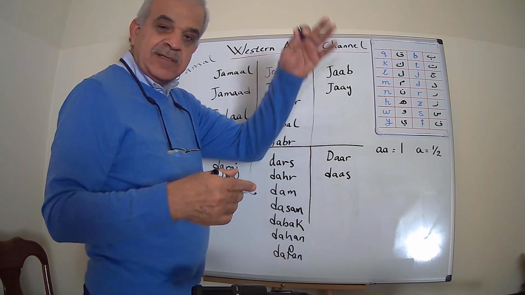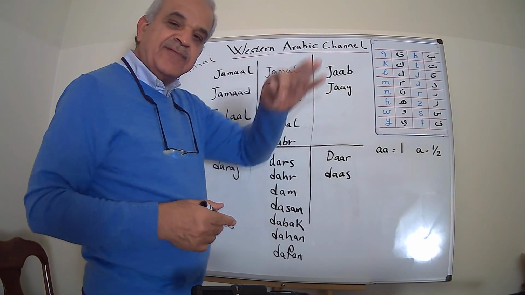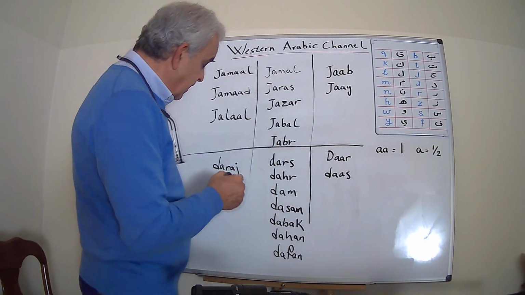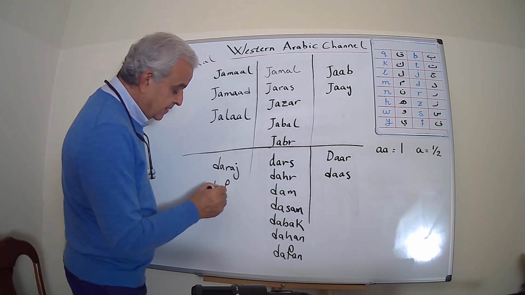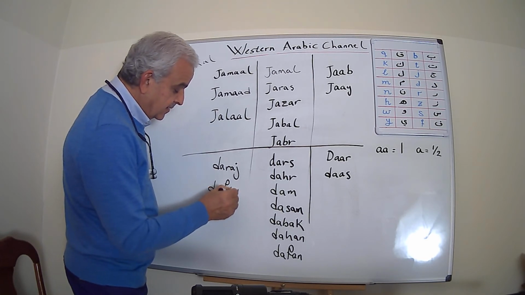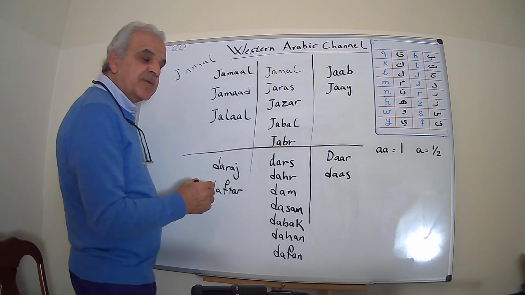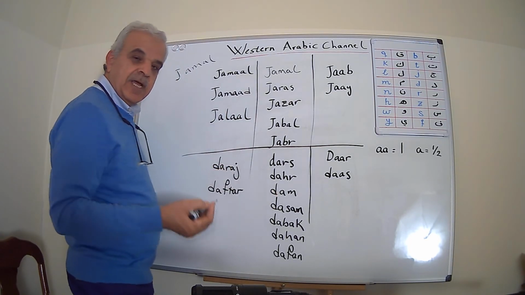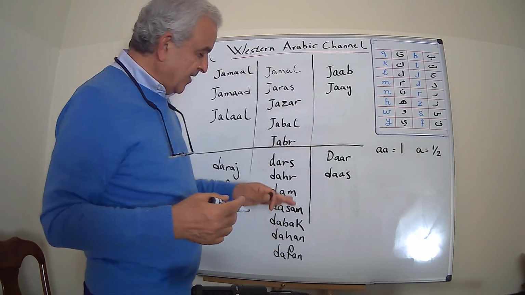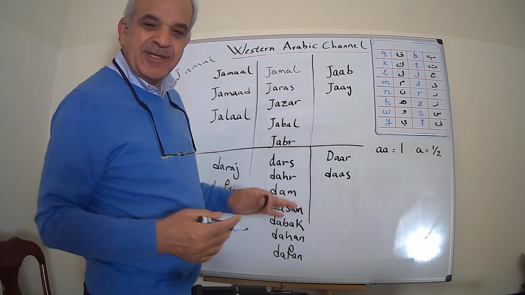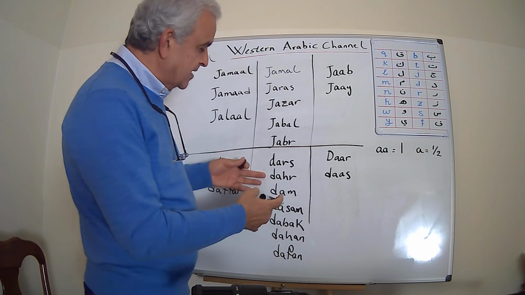If you have a two-floor house, you have daraj to go up and down. And we have Daftar, which means copybook. I assume that everyone has a copybook to write these down and practice.